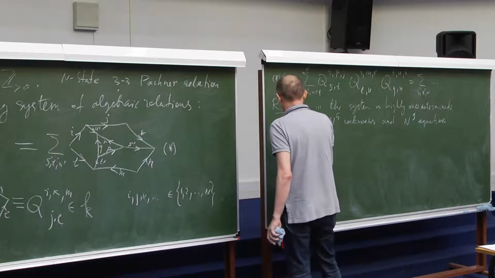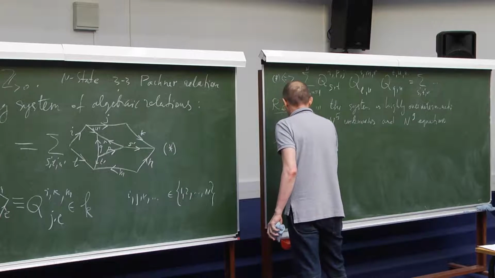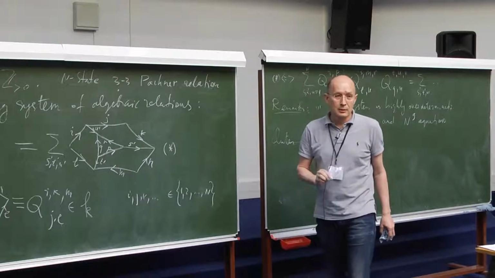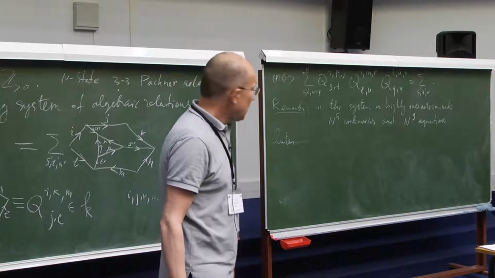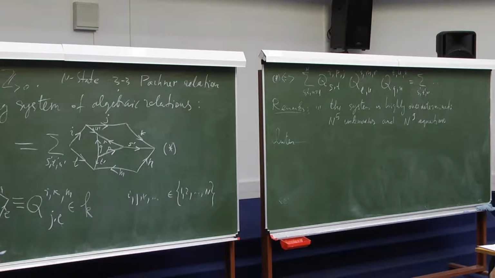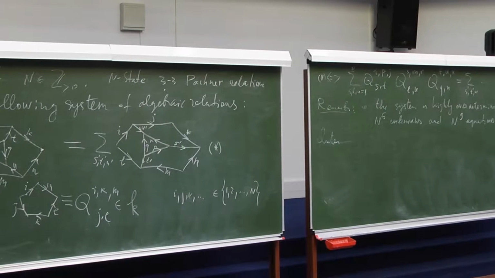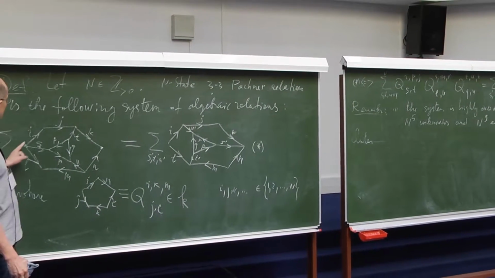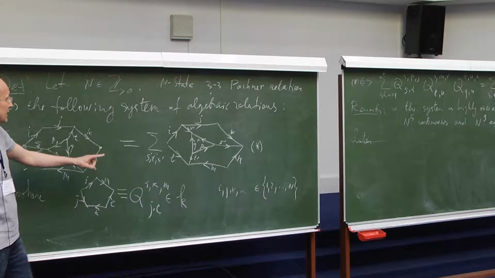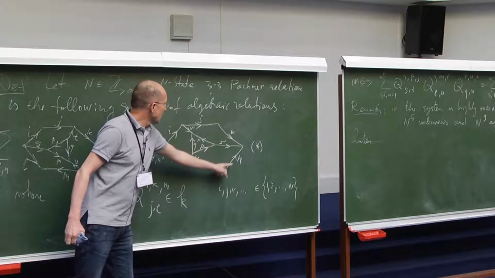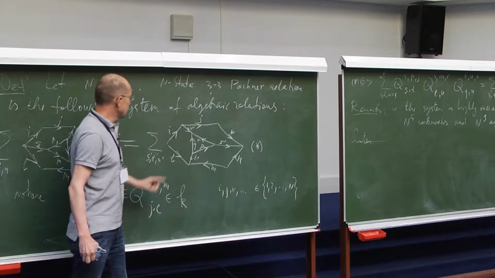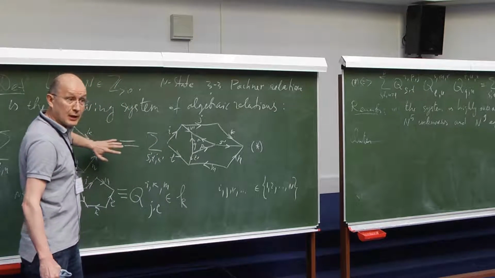Okay, now let me just give an interpretation. Why is the number of equations n to the power 9? Yeah, so you see outer indices are fixed, right? I don't sum over them. I just color them and keep them fixed. And for each choice of that coloring of the boundary edges, we have an equality.